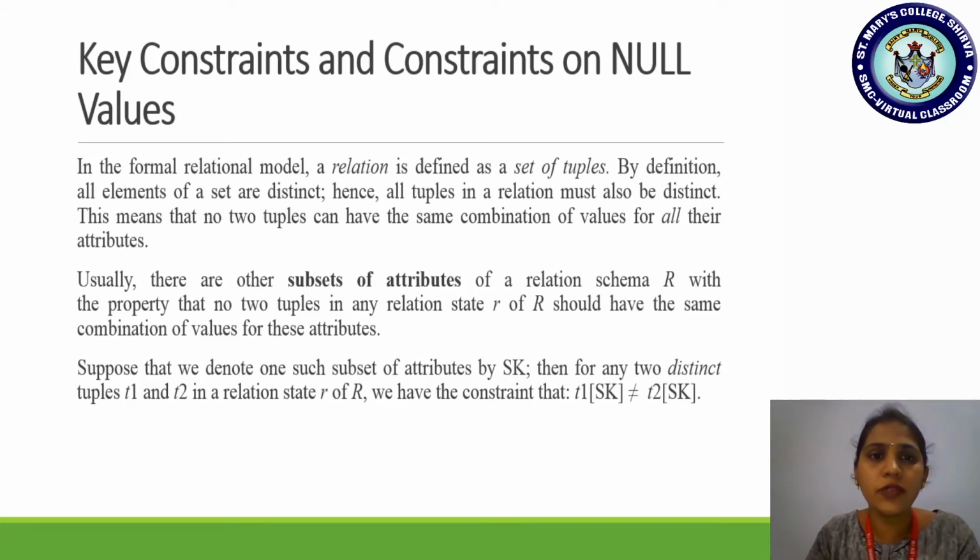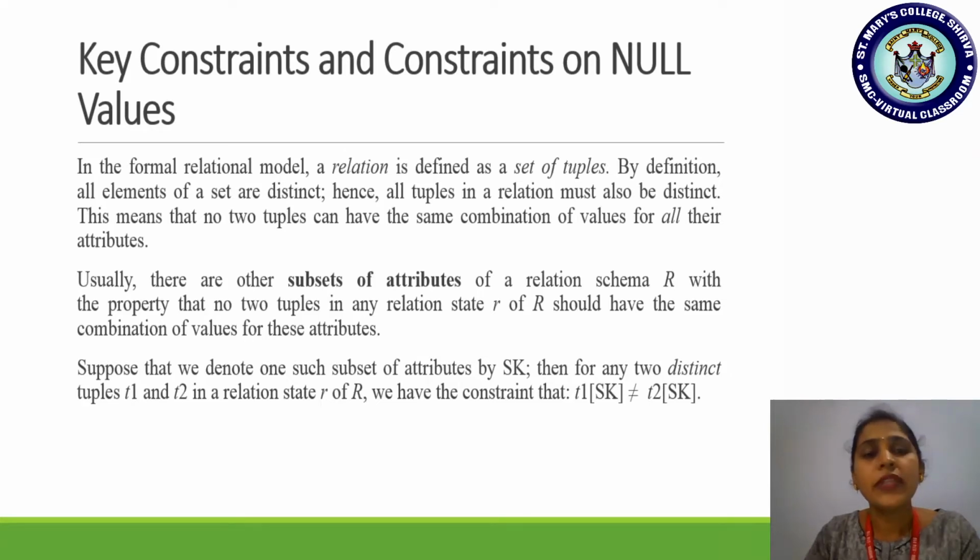I hope you remember the null values, right? The cell where we are unable to enter any value, in which cases? When we don't know the value or if the value doesn't exist. So these are the possibilities. Fine, let us understand what the constraints related to null values and key values are.